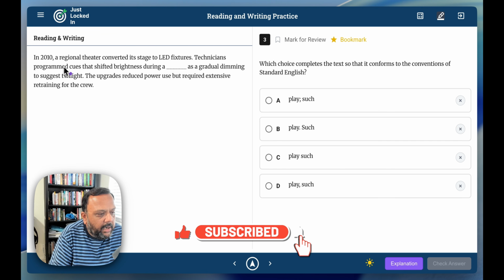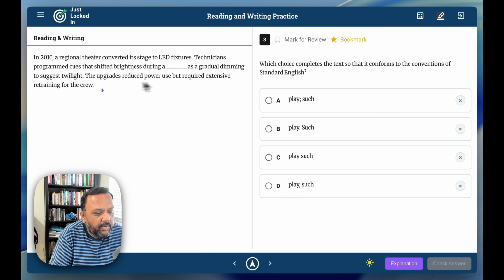Okay. In 2010, a regional theater converted its stage to LED fixtures. Technicians programmed cues that shifted brightness during a play, such as a gradual dimming to suggest twilight. The upgrades reduced power use but required extensive retraining for the cue. So actually, the only part relevant for us here is this, which I'm going to highlight: technicians programmed cues that shifted brightness during a play, such as a gradual dimming.